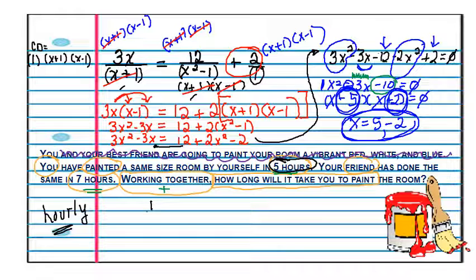Well, basically what you've done is 1/5 of the job. And then your friend has done 1/7 of the job in 1 hour. And it all equals 1 job.